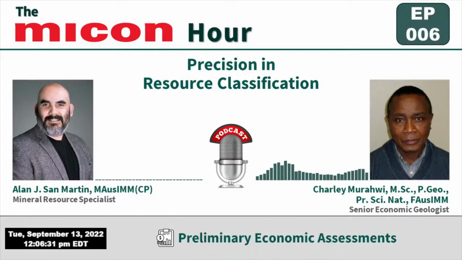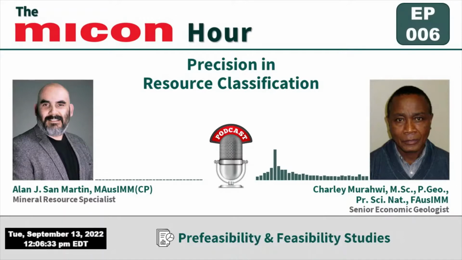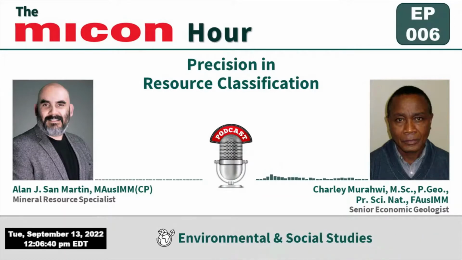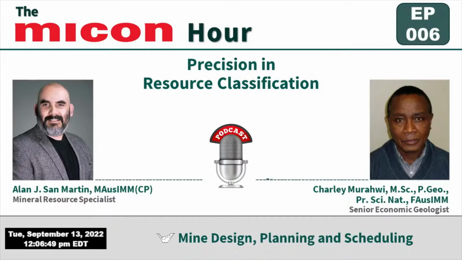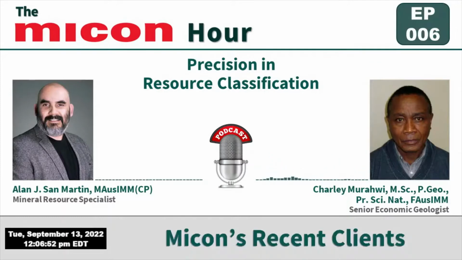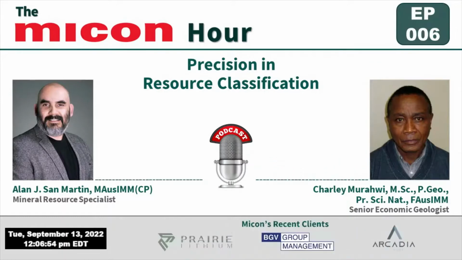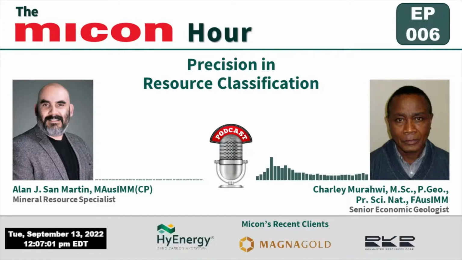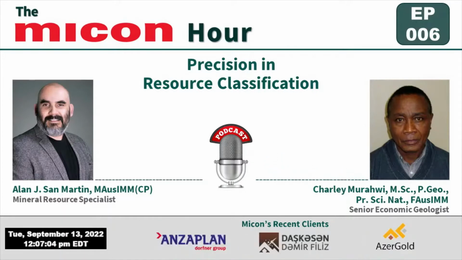And in order to have precision in the classification of resources, the qualified person, or QP, must have the necessary experience in the commodity, type of deposit, and situation of the project. I must emphasize that precision needs to be achieved at both ends of the scale, that is, for the measured, indicated, and inferred alike.